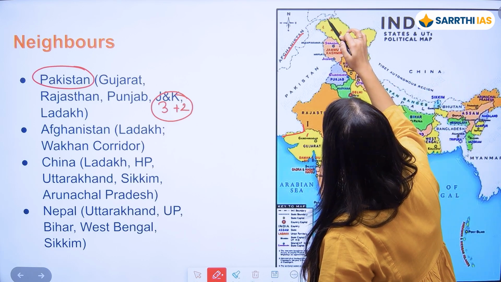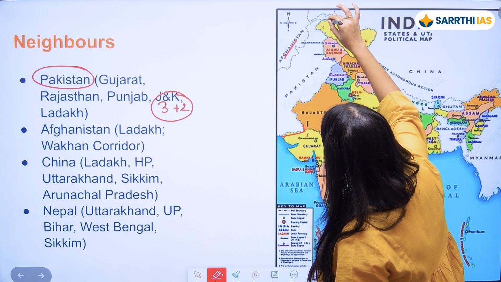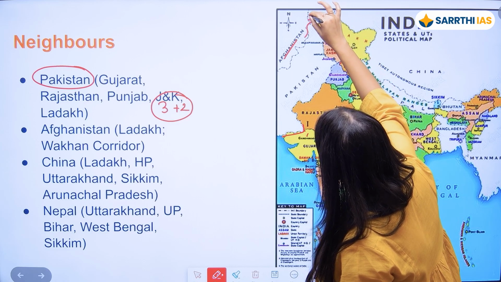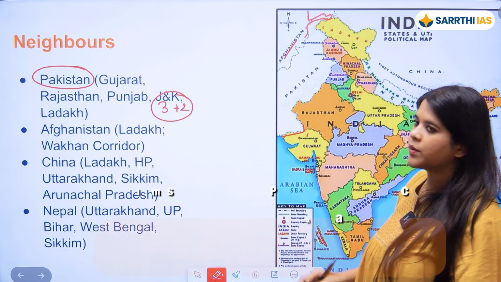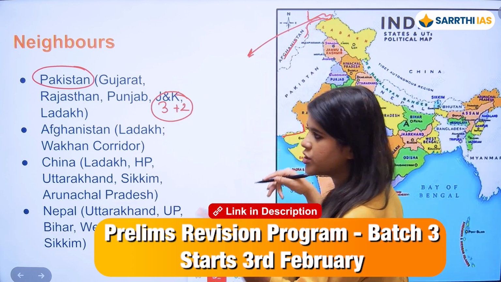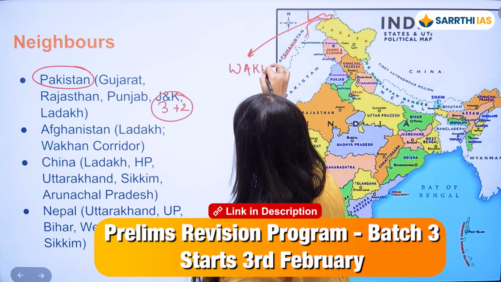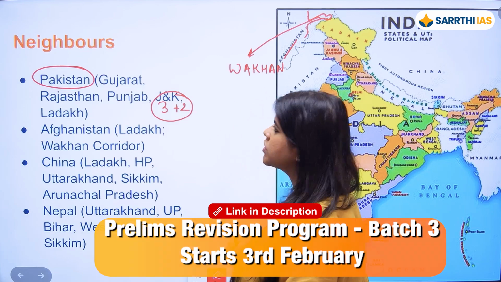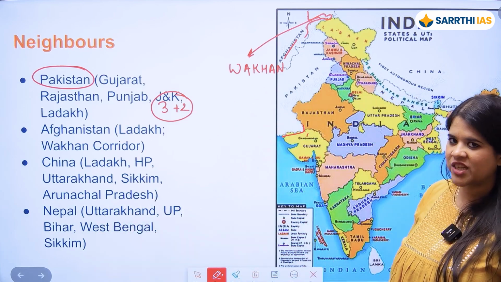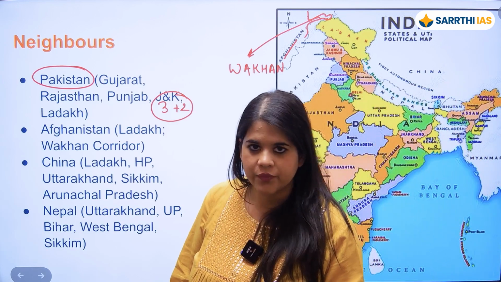Over here, if you see, this is the only border between India and Afghanistan, and this narrow strip of land is known as the Wakhan corridor. Through the Wakhan corridor, the Union territory of Ladakh has a very small border with Afghanistan. Fine.